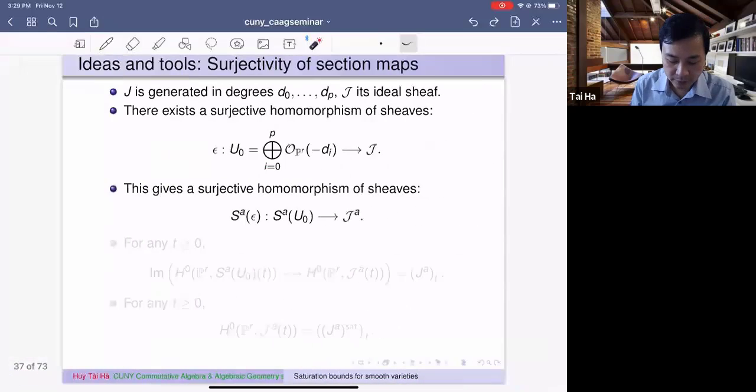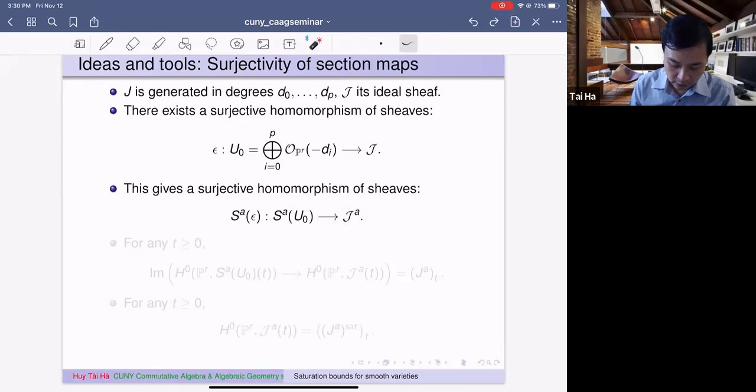And when you have such a morphism, you can look at the tensor product and obtain a surjective morphism onto the a-th power of the ideal sheaf script J.